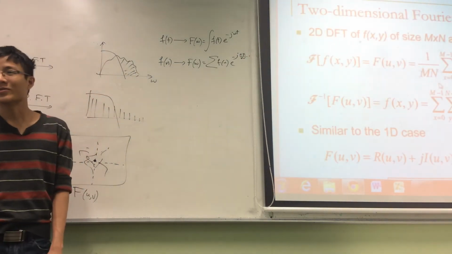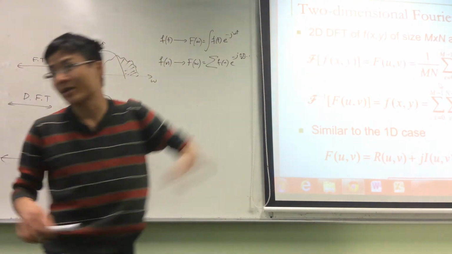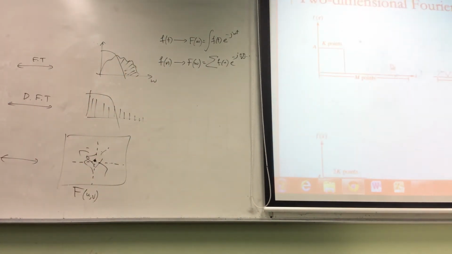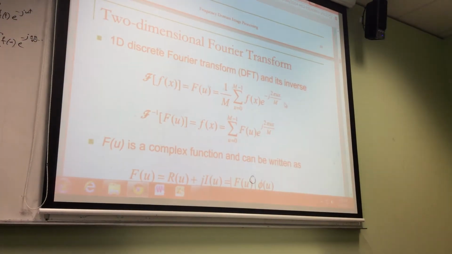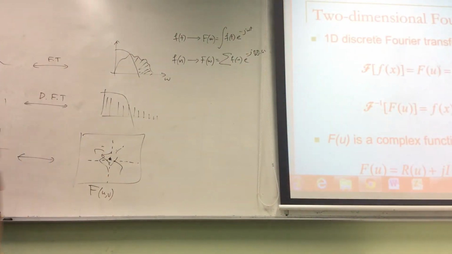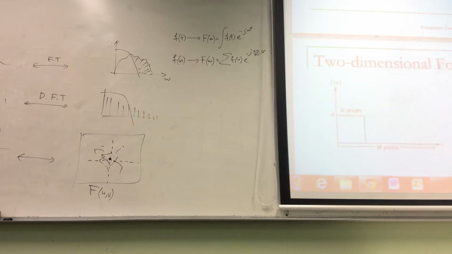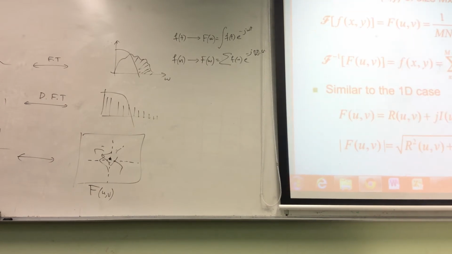So this one is just adding another dimension to that one. e to the minus j 2 pi x over M, and the e one here. So we all talked about two dimensions. So it's better to remember this one.